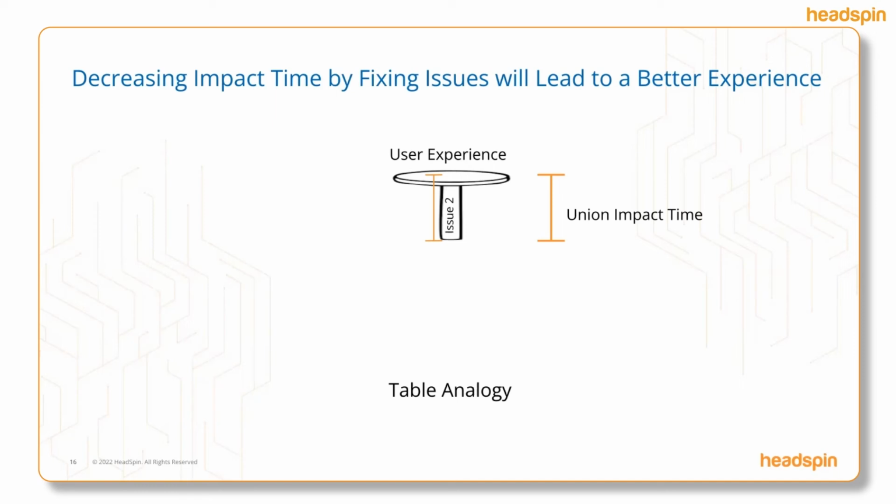Instead, we surface those issues and make it accessible for customers to understand their technology stack and leverage their own expertise to improve their user experience. And they can do that based on their own priorities rather than priorities that we arbitrarily set for them. And ultimately, the proposition is that if they reduce the union impact time for their session, or the total amount of time in their session affected by issues, by addressing individual issues, that they can improve their user experience and, of course, improve the performance of their application.